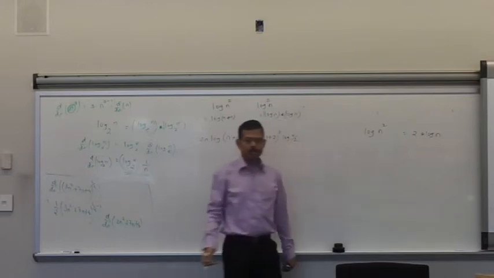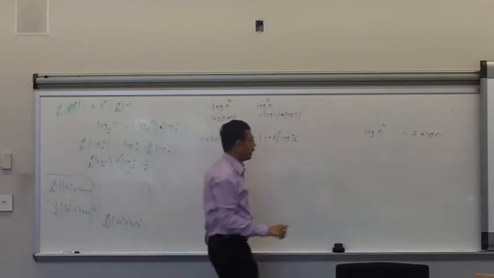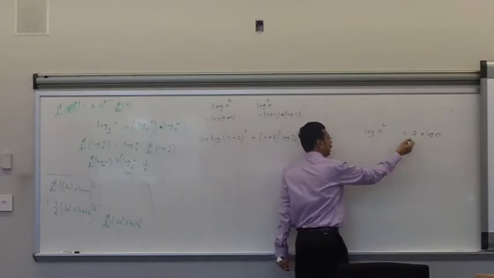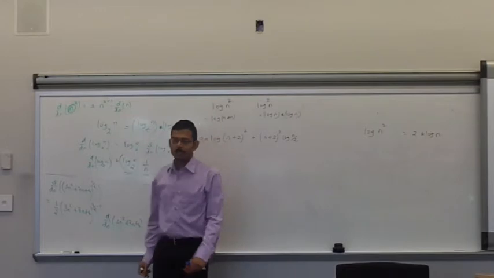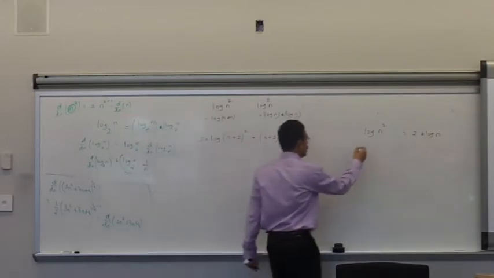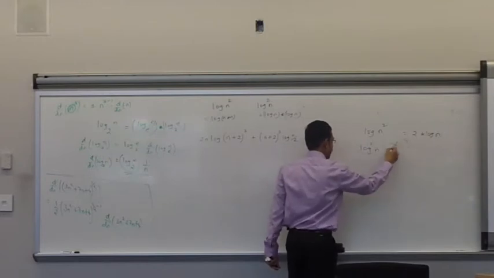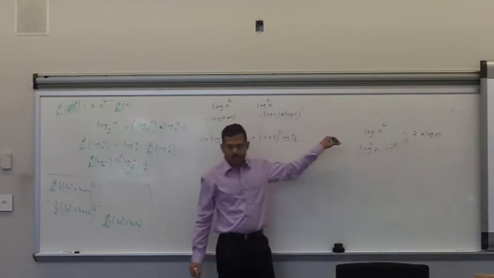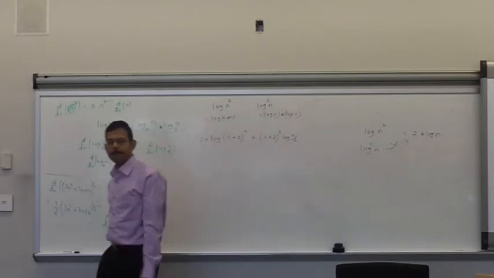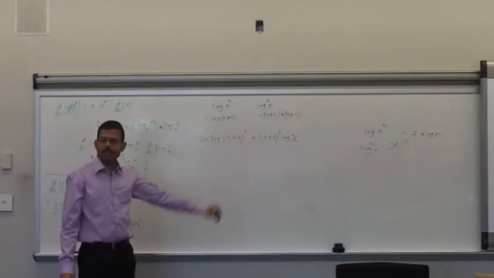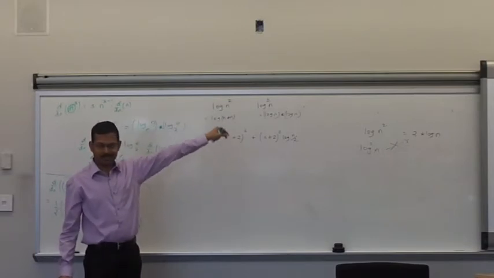You can bring the exponent down, so n square something can be written as 2 times log n. You cannot write log square n as this. That's not right. But you can say log n square is 2 times log n. If you don't know, at least you know now. Okay?